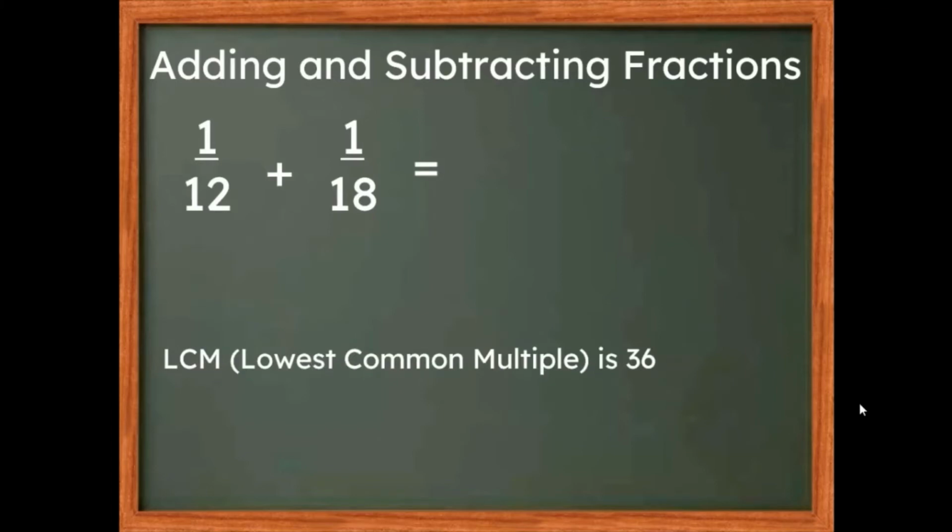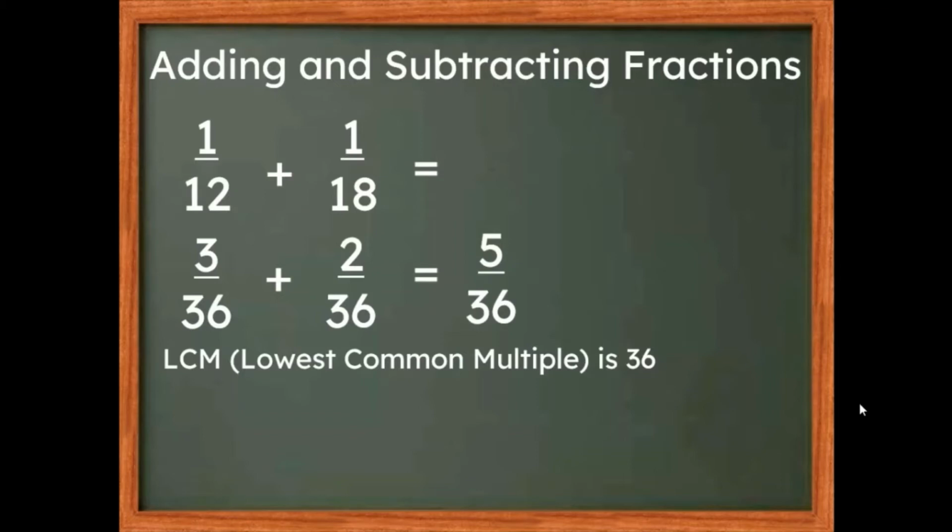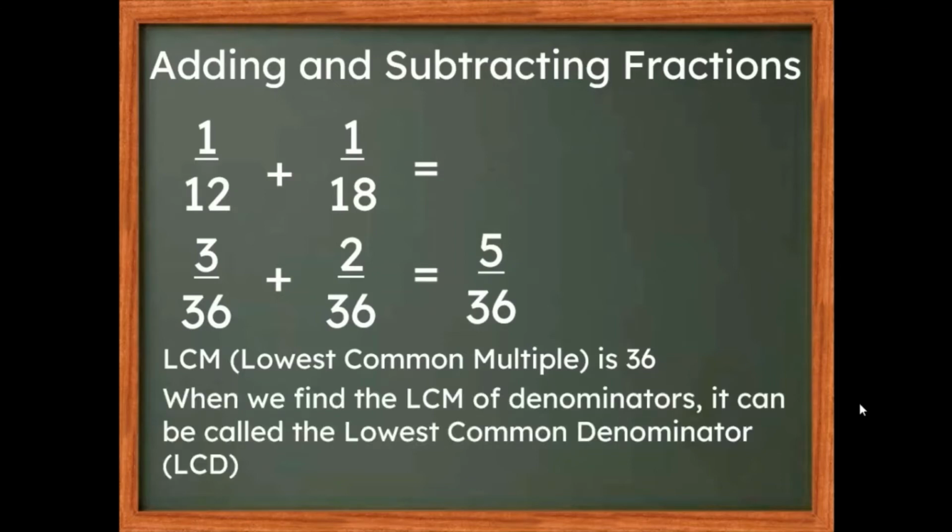So I want 36 on the bottom. I can multiply 12 by 3 to get 36 and multiply 3 on the top as well. 18 times 2 is 36 and multiply the top by 2 as well. And now I can add those together to give 5/36. So if we find the lowest common multiple of denominators, it can be called the lowest common denominator, the LCD.